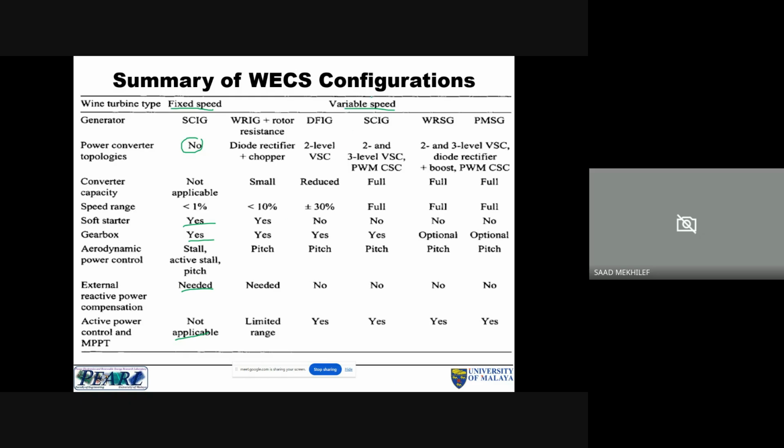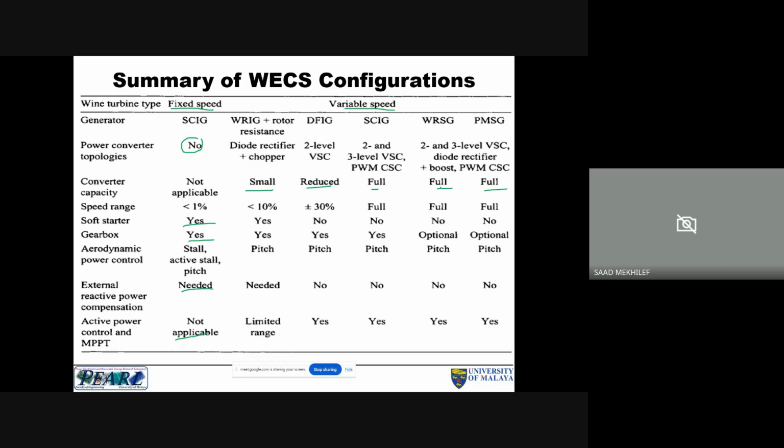For variable speed wind turbines, we've seen a couple of them with different topologies. In terms of converter, sometimes we use full and half, for example small, reduced, full.